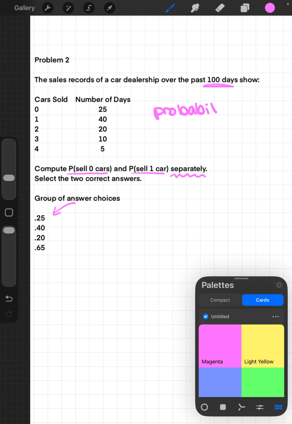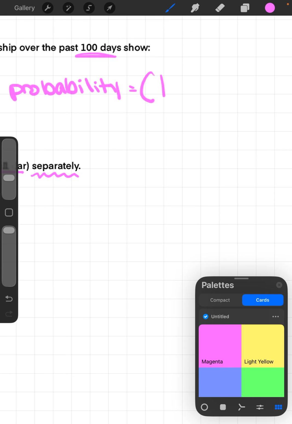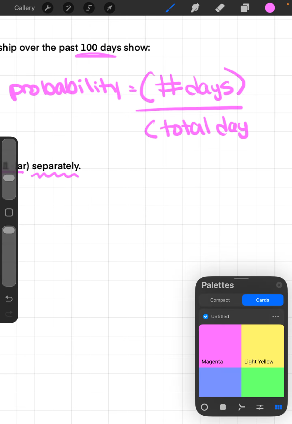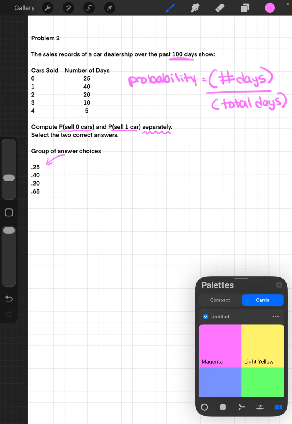Probability is equal to number of days over total days. So we have these two. I'm gonna write them out.